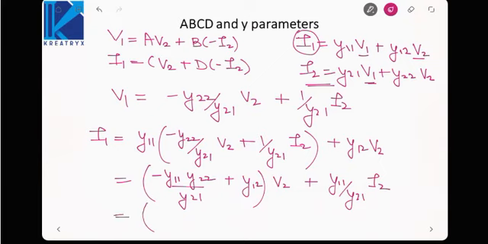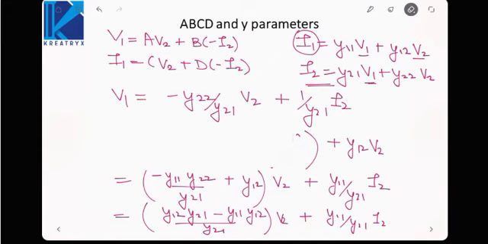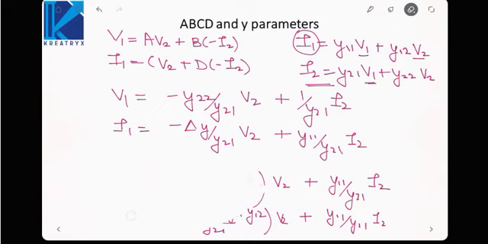If we take LCM, this will become Y12 Y21 minus Y11 Y22 by Y21 V2 plus Y11 by Y21 I2. Now if you see the first term, the numerator is negative of the determinant. So it will be I1 equal to minus delta Y by Y21 V2 plus Y11 by Y21 I2. So that is how we can find the ABCD parameters.